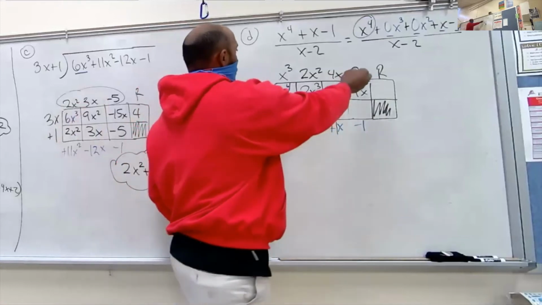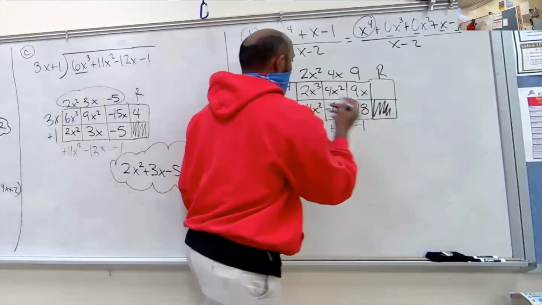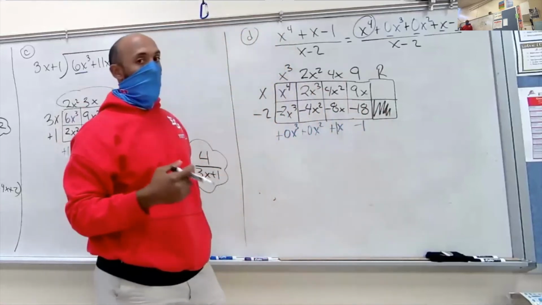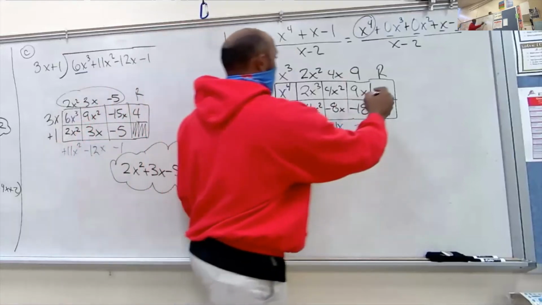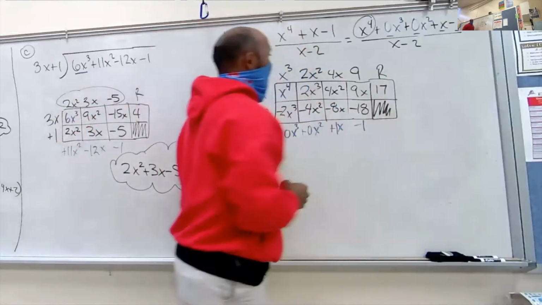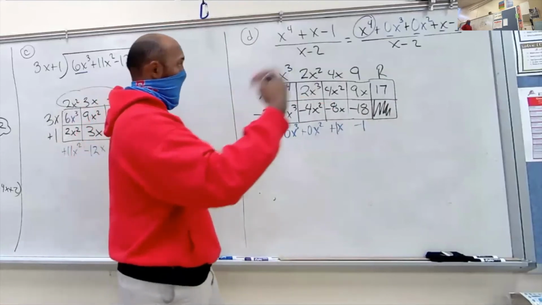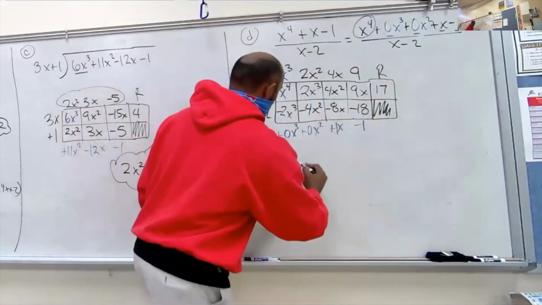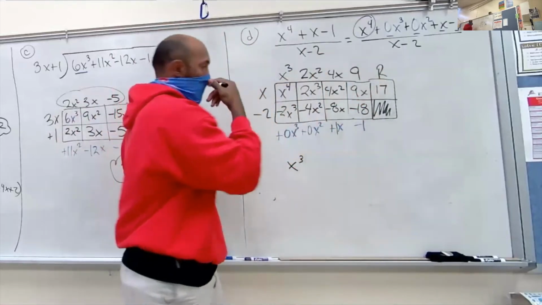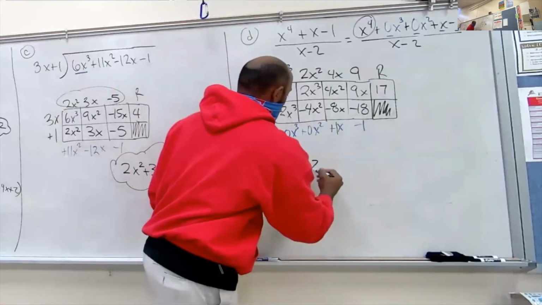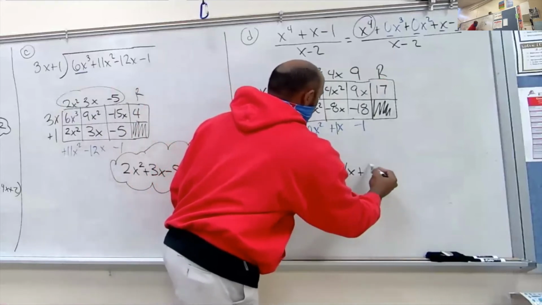All right, last step, 9 times -2 is -18. And then what do I have to add to -18 to get to -1? Positive 17. Now, obviously, I have a remainder, so I have to write this out with a remainder. X cubed, starting, remember, with the numbers on the top, plus 2x squared, plus 4x, plus 9.